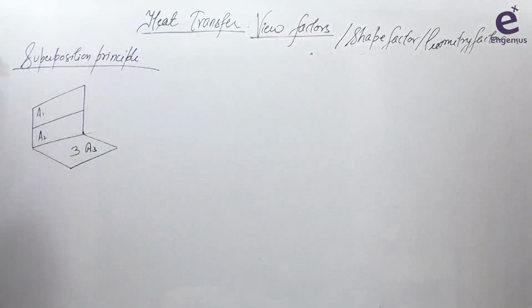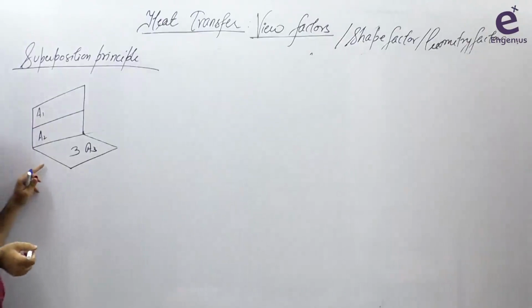So if you want to calculate the fraction of radiation which is leaving surface 3 and reaching surface 1, right?